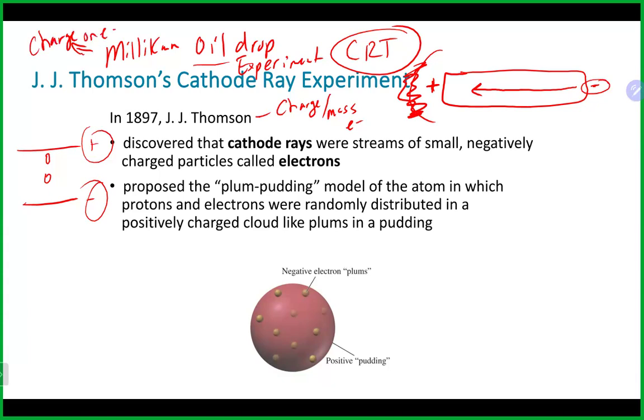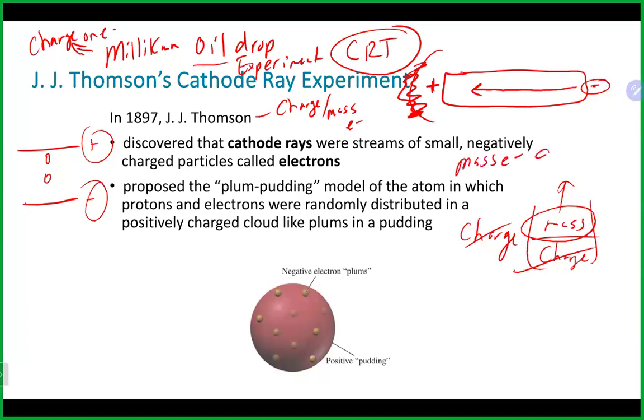If one figured out the charge to mass and one figured out the charge, we could do a little dimensional analysis: the charge divided by the charge to mass of an electron, the charges cancel, leaving us the mass of an electron. So from those experiments, they were able to figure out the mass of an electron, and it is roughly 9.09 times 10 to the minus 28 grams. Some books now like to round up to 9.11, but we'll go with 9.09.